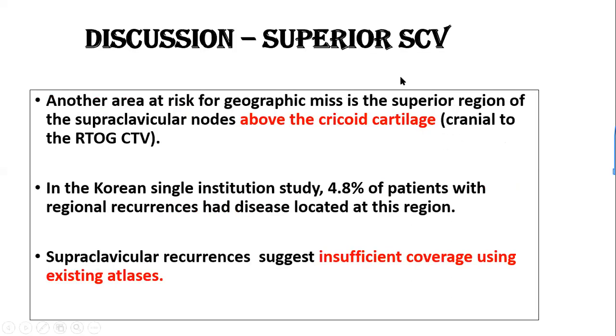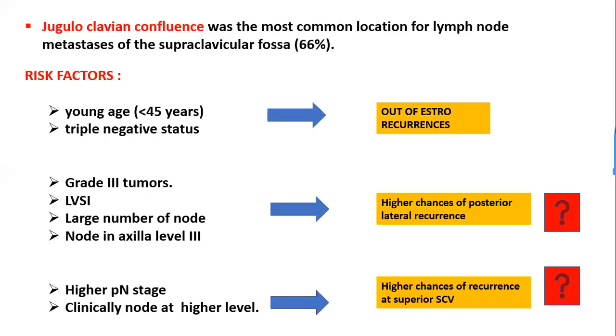And when it comes to the superior SCV, they have seen that the geographical miss is around 5%. 5% of the geographical miss is even above the cricoid cartilage, that is even cranial to the RTOG CTV. So superior supraclavicular recurrences suggest that there is insufficient coverage in both the RTOG and ESTRO atlases.